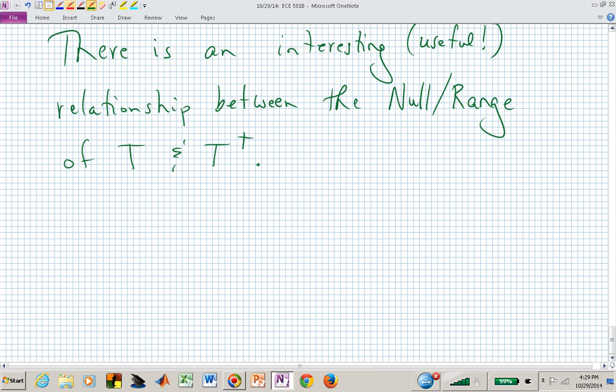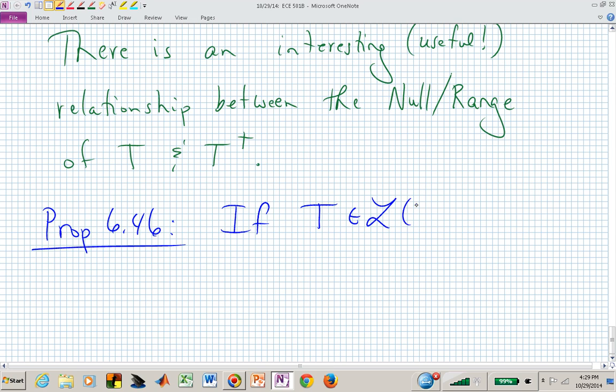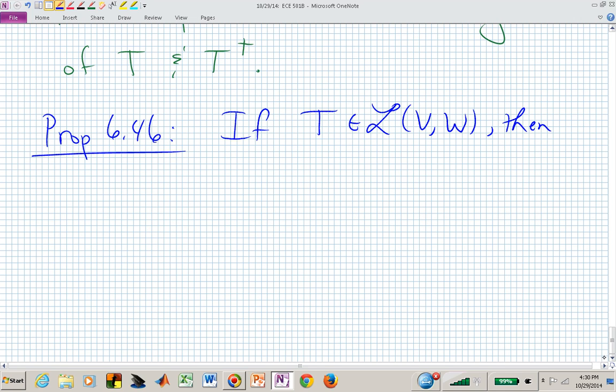And this is now a proposition, whoops, we haven't gone back to the polynomial chapter. So we're still in chapter 6, page 646, okay? So now if T is a linear map from V to W, then we have the following relationships between these different subspaces.